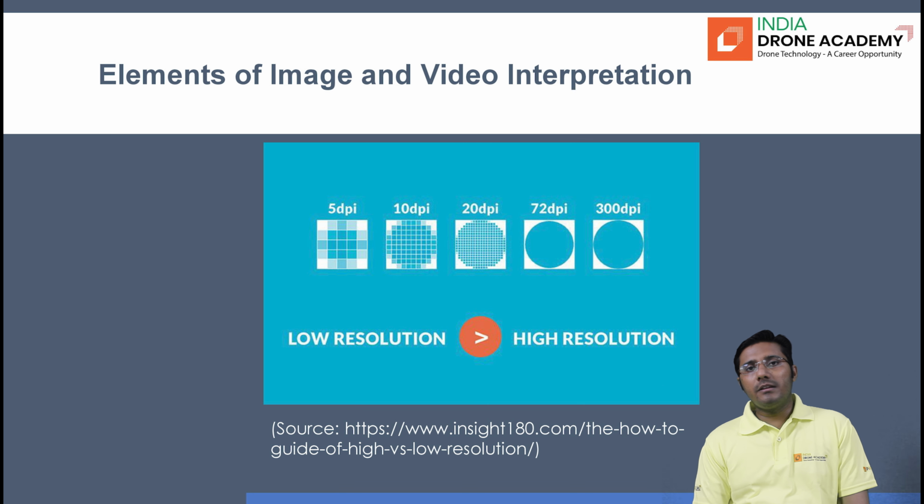The 5 dpi picture is of a very low resolution. However, the next 10, 20, 72 and 300 dpi are of increasing resolution, and we can easily observe that a 5 dpi image is not capable of showing the exact shape of a circle.